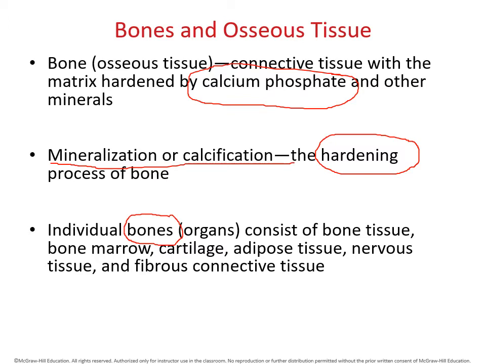So you'll have your osseous tissue, your bone marrow, your cartilages, and along the way you'll also have other tissue types, because remember, as I mentioned before in Chapter 5, organs are composed of several tissue types. You'll also have other connective tissues make an appearance, such as your adipose tissue, your nervous tissue, as well as some of the fibrous connective tissues that we've previously discussed.